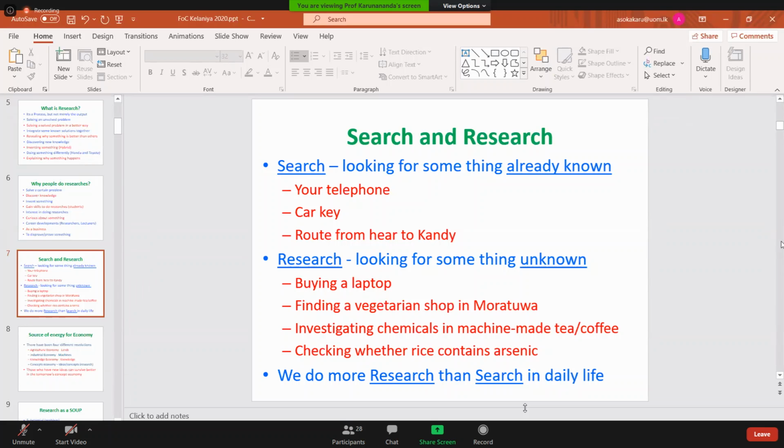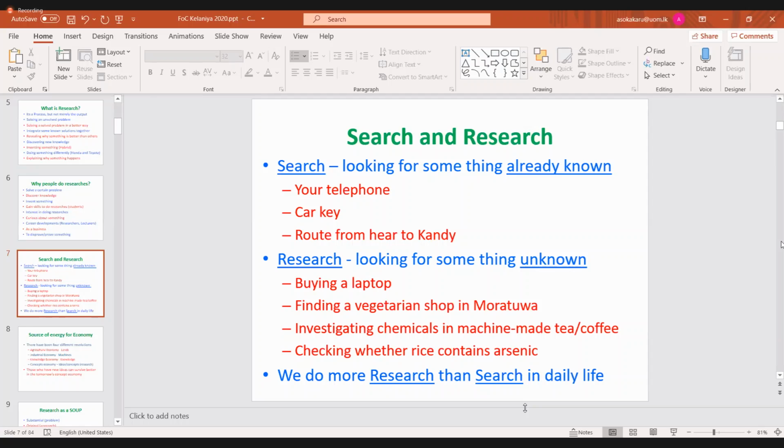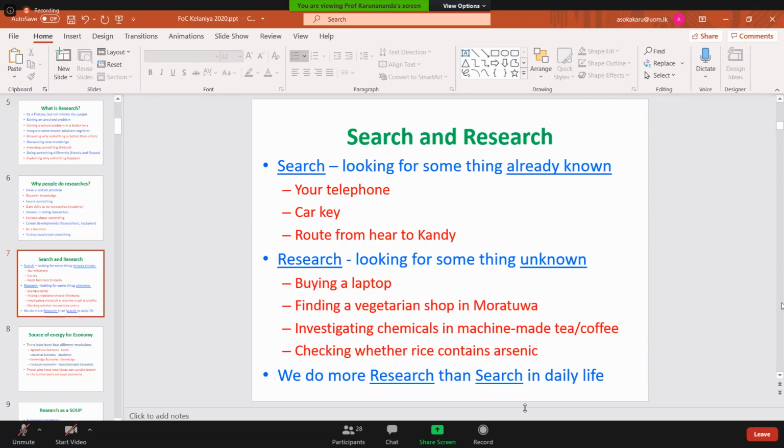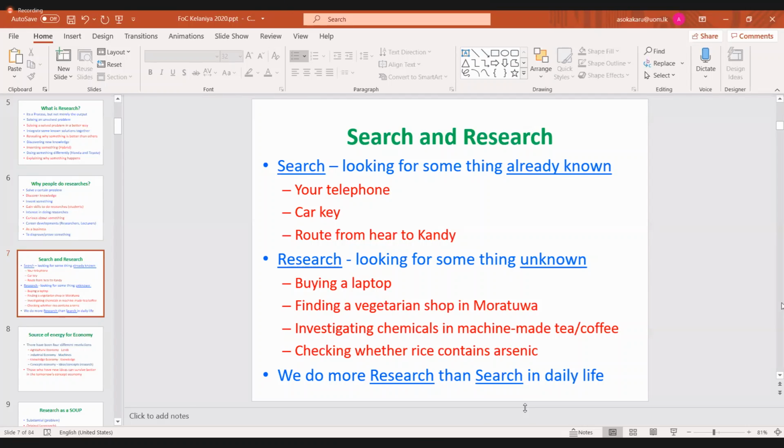At that time you don't know where that market is. So like that, you can see many things in real life where you look for something without knowing what you are going to get.